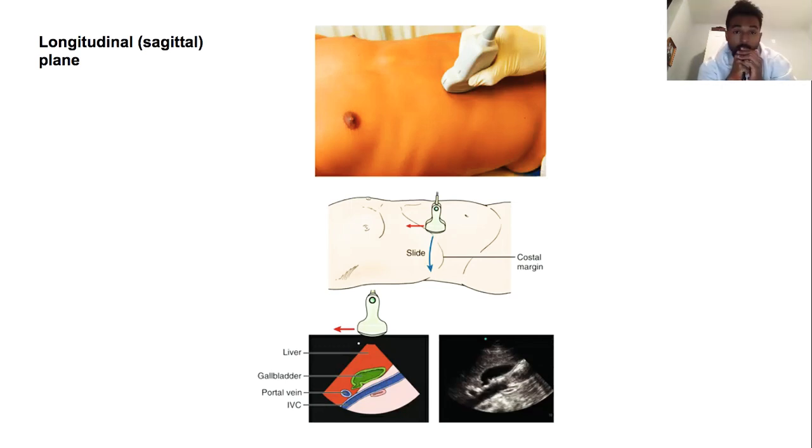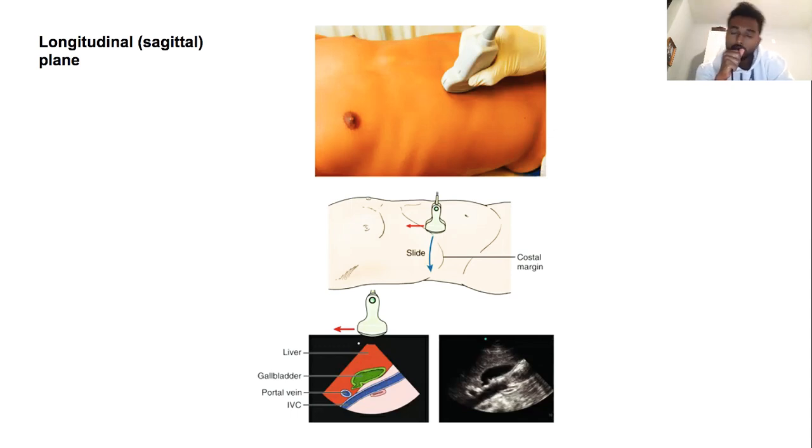For a gallbladder, they're going to go along the inferior costal margin of the ribs, and it helps to tell the patient to take a deep breath in, because the gallbladder is under the ribs. A deep breath pushes it down and makes it easier to scan.